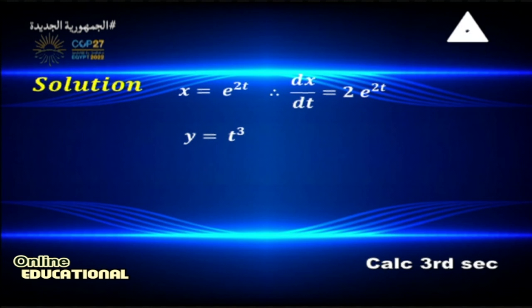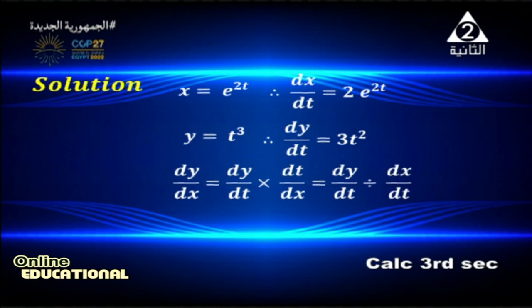And y equals t to the power 3, then dy/dt equals 3t to the power 2. Now dy/dx equals dy/dt times dt/dx by using the chain rule, or dy/dx equals dy/dt divided by dx/dt by using the parametric differentiation rule.